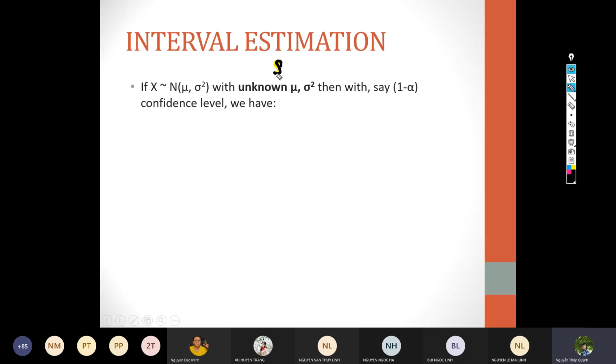We have to use the sample variance s square to estimate the population variance sigma square. We have to use the sample variance to estimate the population parameter.